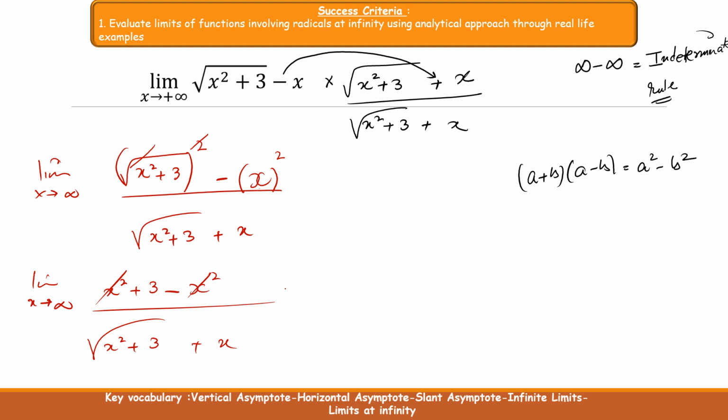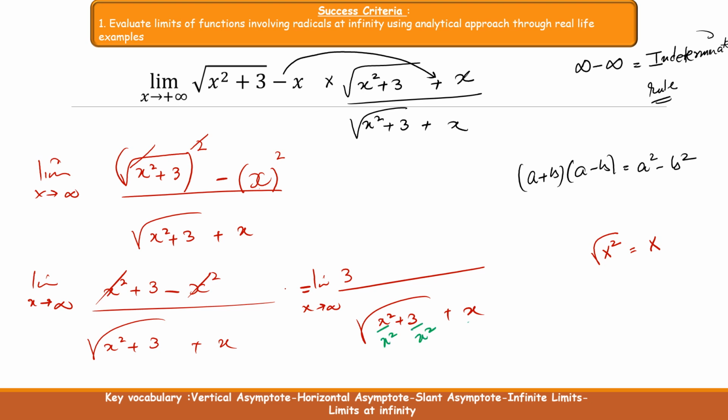So let's see here. Here we have 3 over, I forgot to write the limit, 3 over square root of x square plus 3 plus x. Now what is the highest power of the denominator? Inside the square root it is x square, and outside the square root it is x. So whatever terms are inside the square root, you divide by x square.